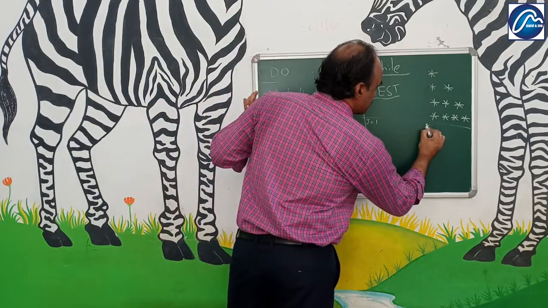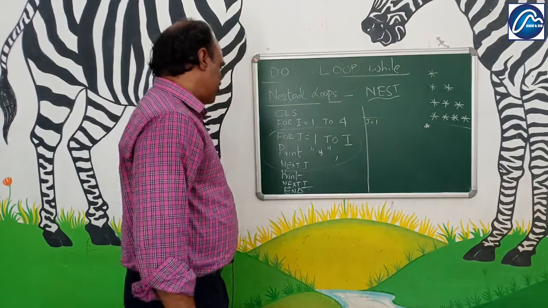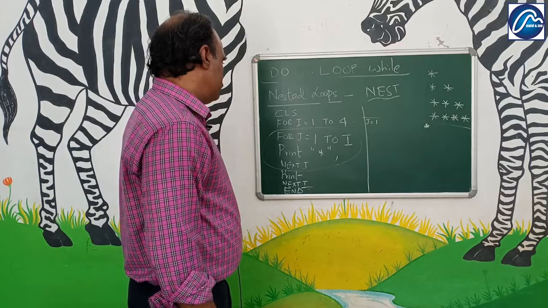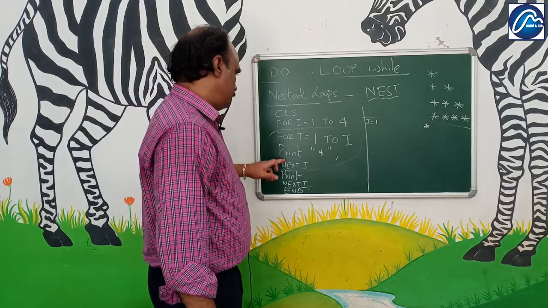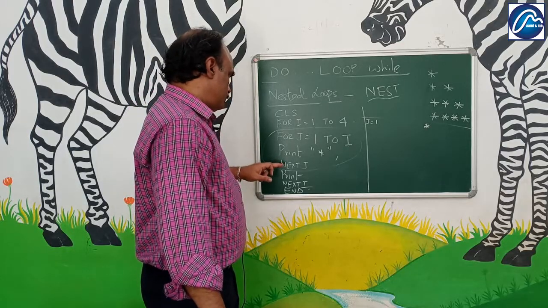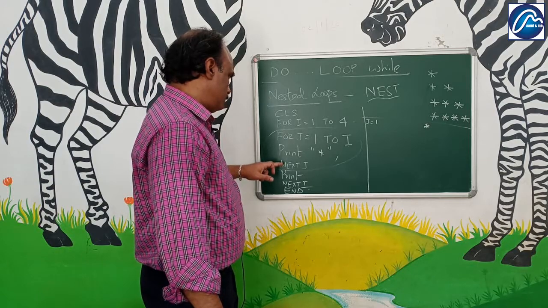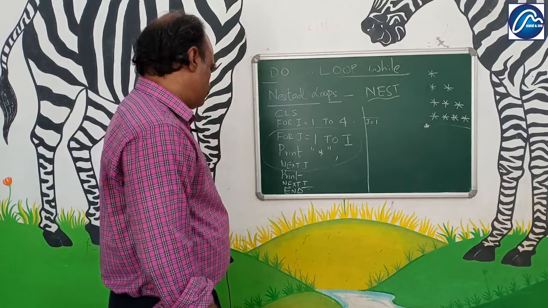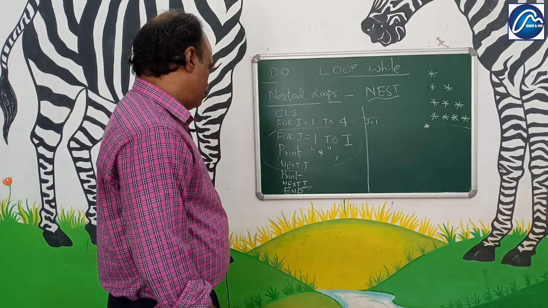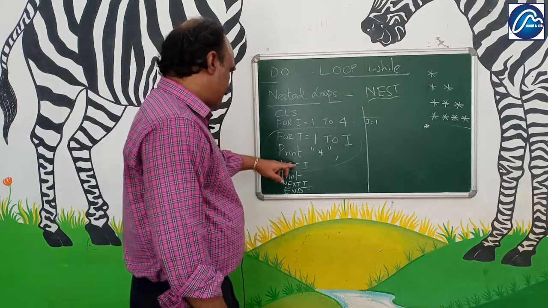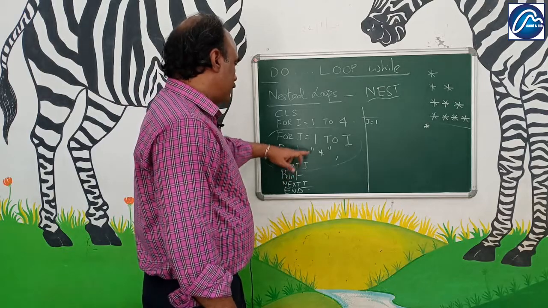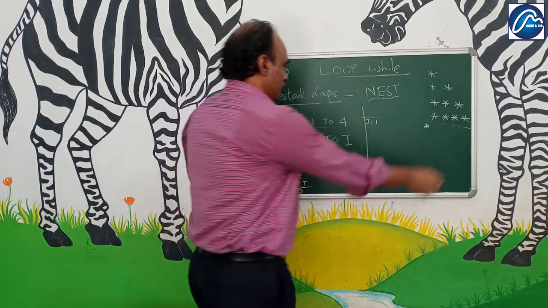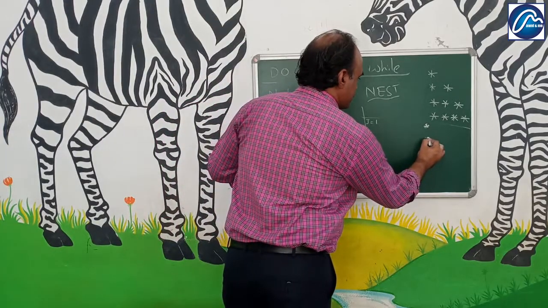One time this star is printed. Next J. When it comes to next J, 1 to 1, it ends here, it comes down. Cursor comes down, it stands there.